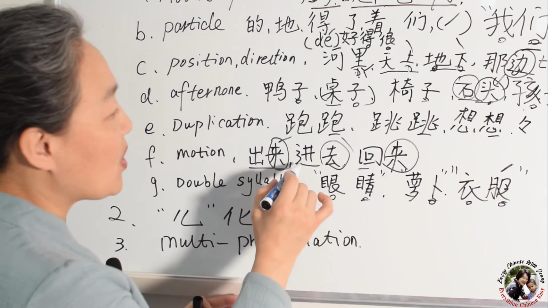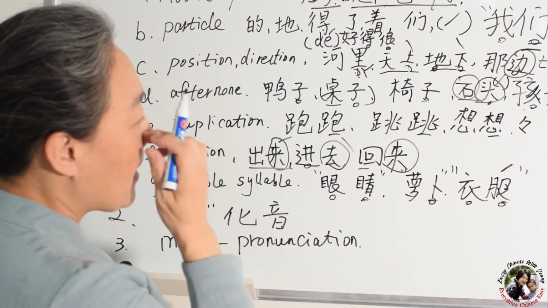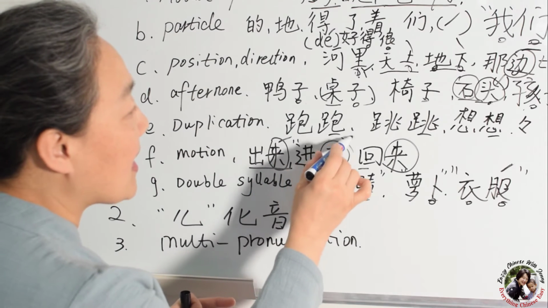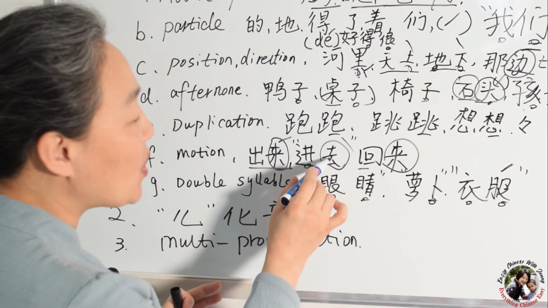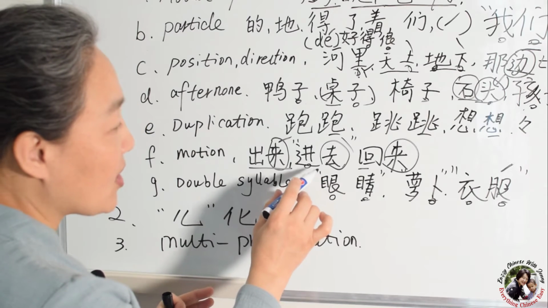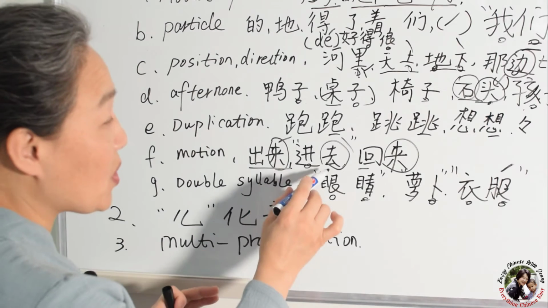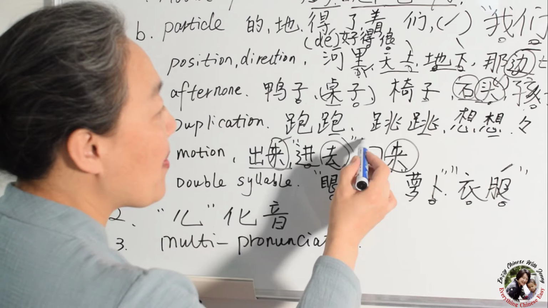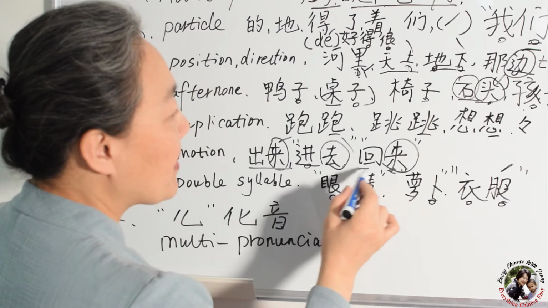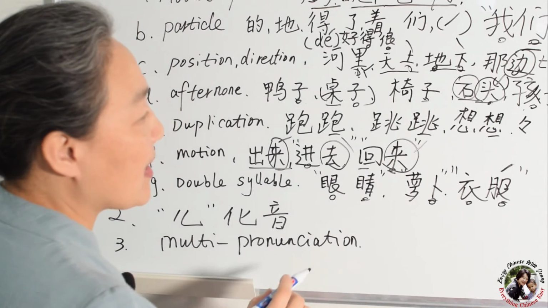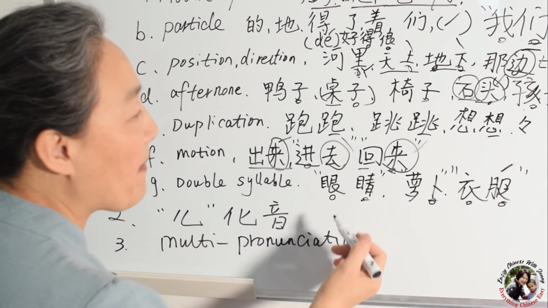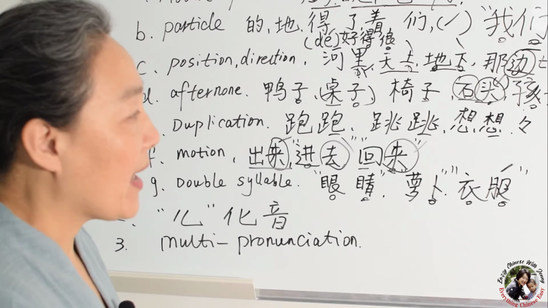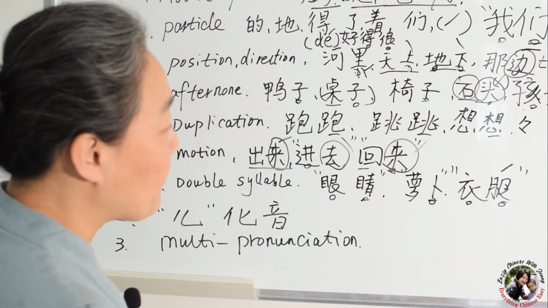And 进去, 进 is get in. When you add 去, it means the same thing, get in. But the second word 去 is a light touch tone. You don't say the full tone, you say 进去, 出来, 回来, come back. 来 itself is a second tone, but in 回来, you come back, you only pronounce it light touch tone. You don't say the full tone. Okay?